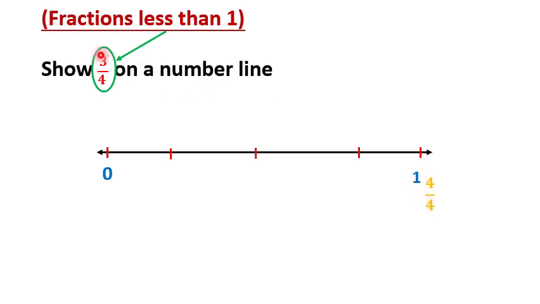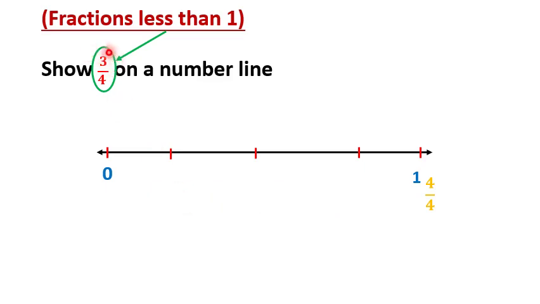Now let's write a fraction for the first part. What will be my denominator? The denominator is always the same. In the same number line, you cannot change the denominator. So what is the denominator for this problem? It's 4. Very good. But what is going to be my numerator for this first part? This is part 1. I'm describing one part.